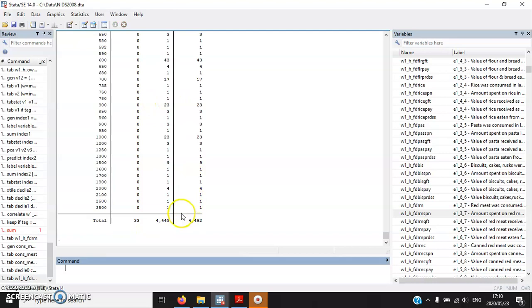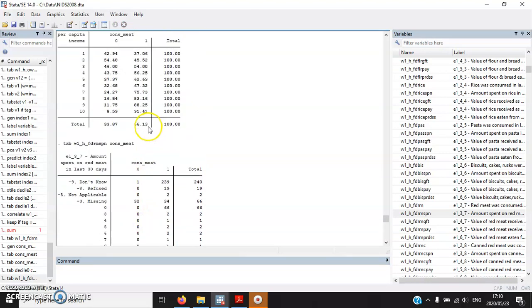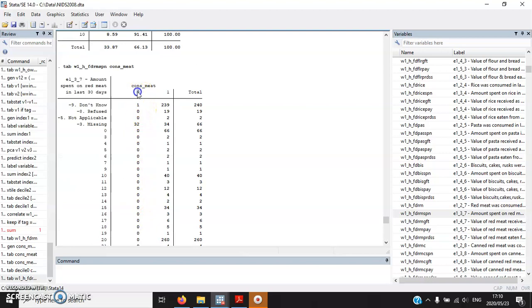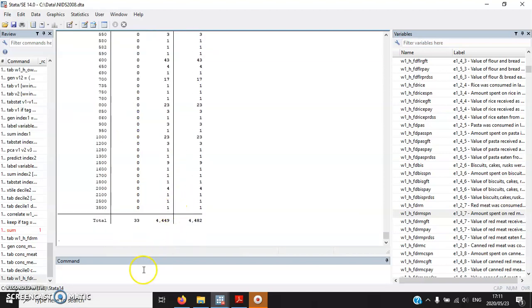Okay, and then do you notice 33 people? 33 people, they actually didn't consume meat in the last 30 days. Somehow they are assigned some values on red meat consumption. I want to replace these as 0, actually. I'm just a perfectionist. I want the data to be clean, actually.